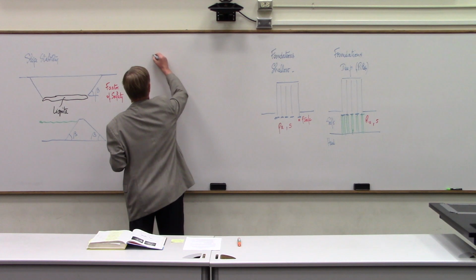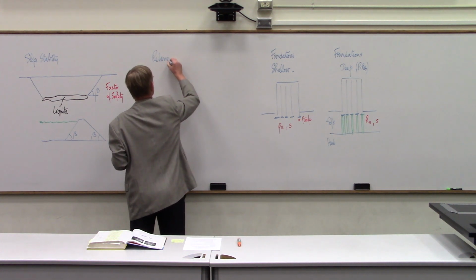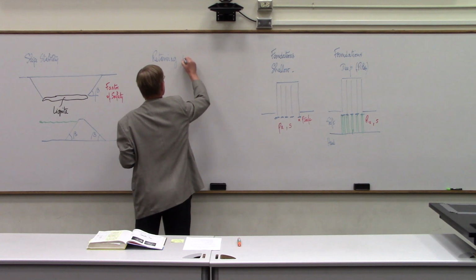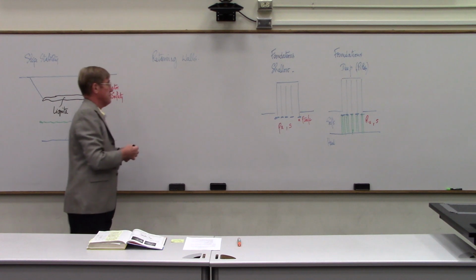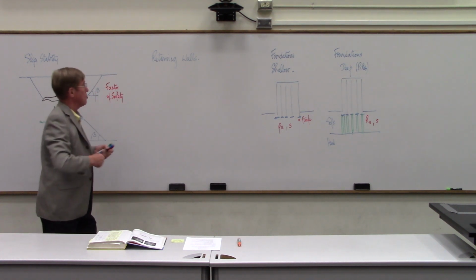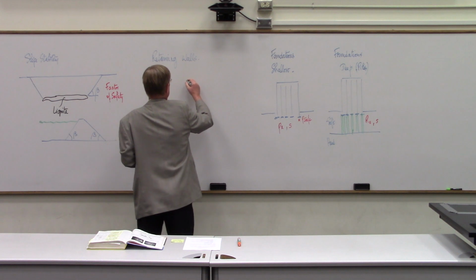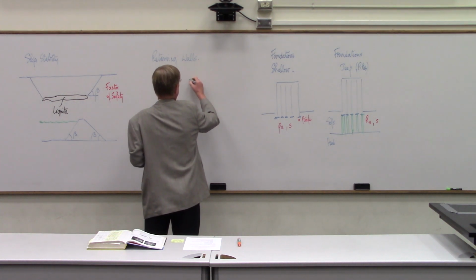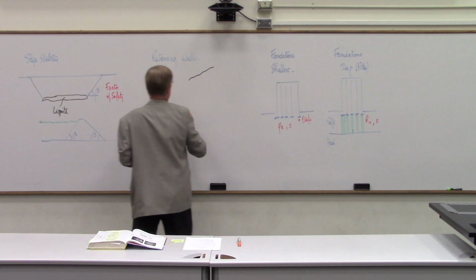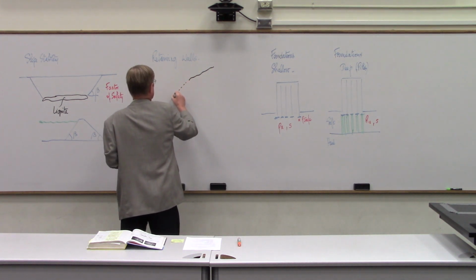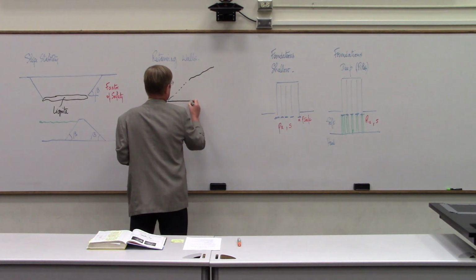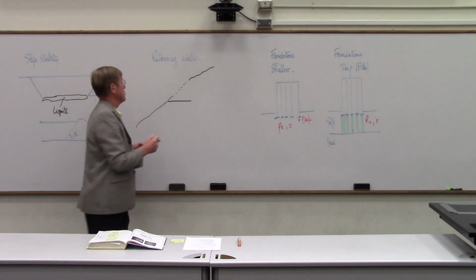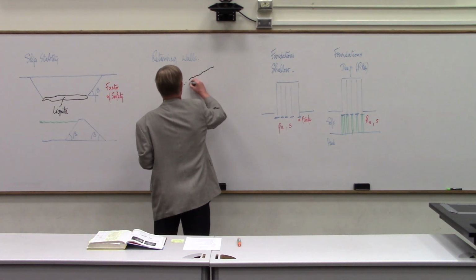Another topic is retaining walls. So retaining walls, for example, you have a side of a mountain like this, and the mountain is like that, and you want to make a cut in the mountain to put a road, then right here, you're going to have to build a retaining wall.